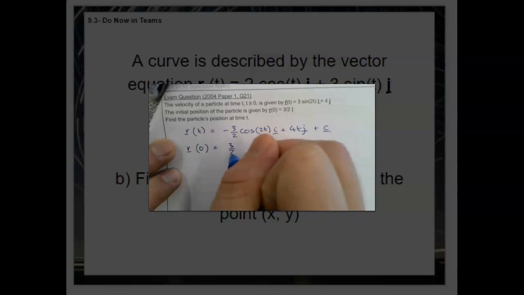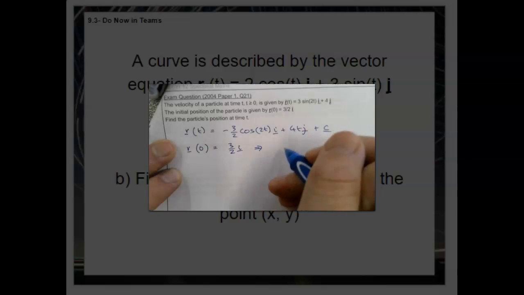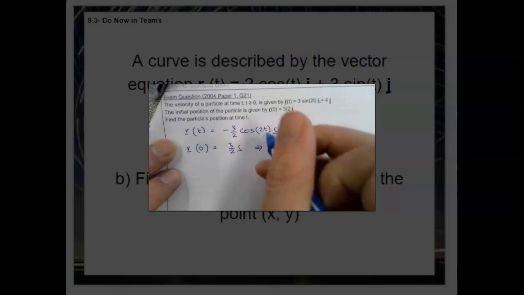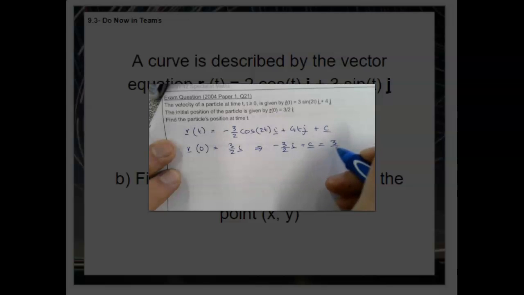That gives me 3 over 2i. And then I just need to be a little bit careful with this, because it's not as simple as maybe we'd assume, because we've got minus 3 over 2i. Cos of 0 is 1. And then we've got plus c equals 3 over 2, which tells me that c equals 3i.